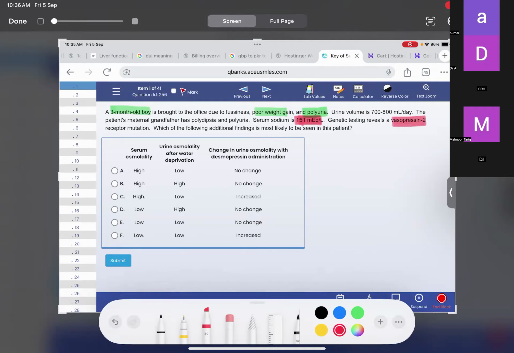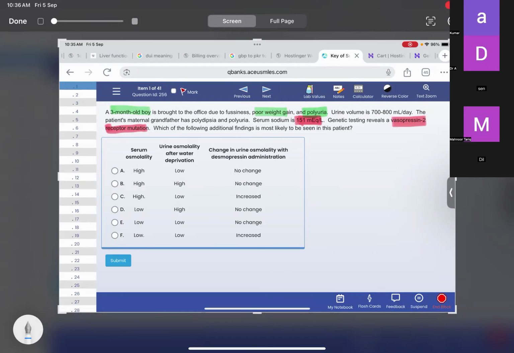So the problem we have is a V2 receptor mutation, right? So simply we can say that ADH, which works on V2 receptors, is not able to perform its function because the receptor is mutated, right?